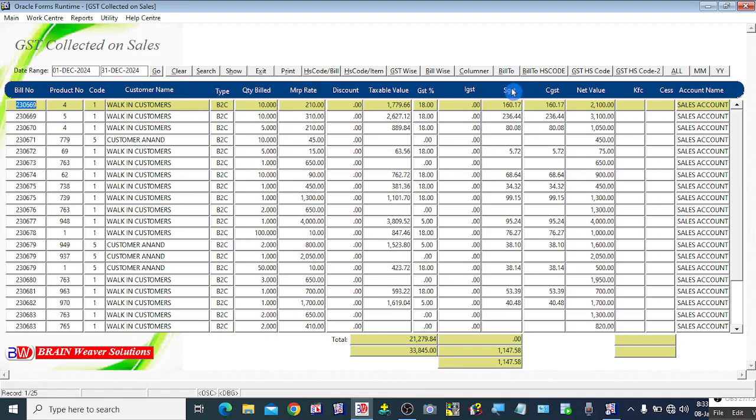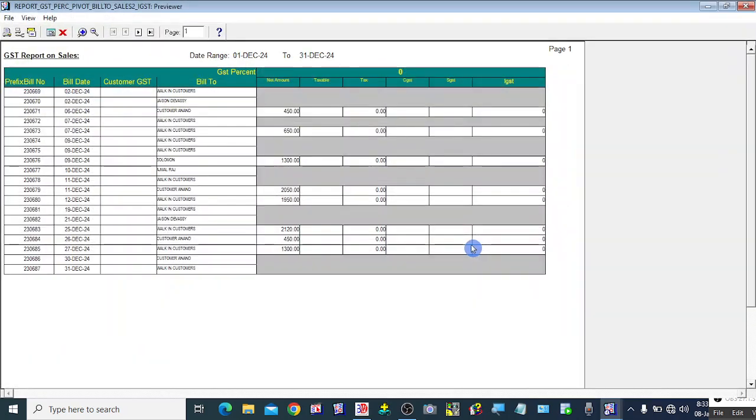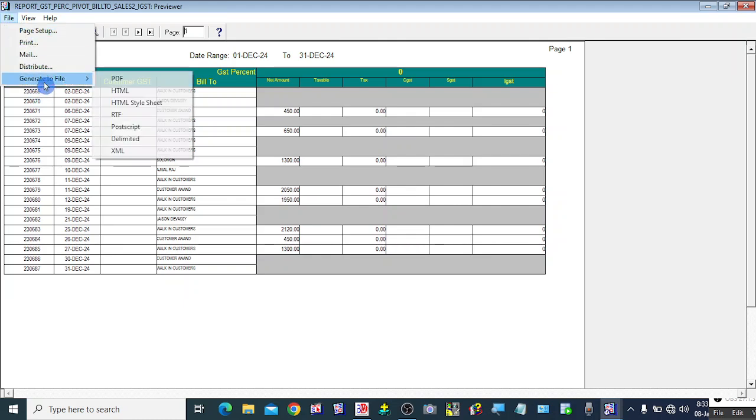So let us generate a report into Excel pivot format by clicking this Build to button. To generate this report into a text file, click on the File button and generate to delimited.